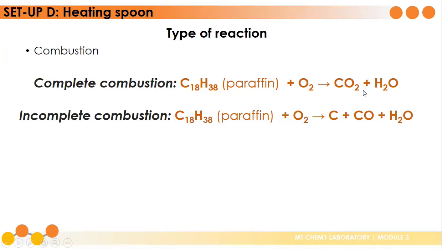As simple as that. Incomplete combustion, on the other hand, is paraffin combined with oxygen producing carbon monoxide and hydrogen.